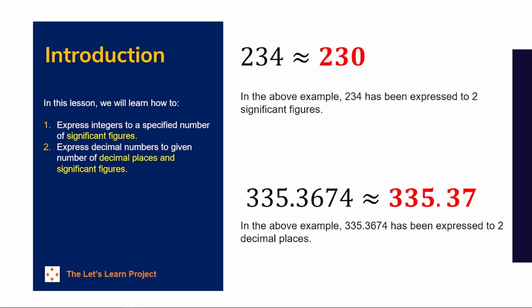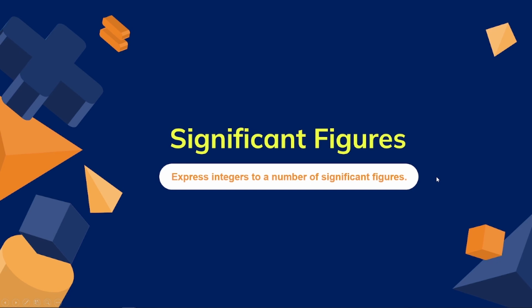That is, the 6 has been rounded off. Since the number to the right of 6 is 7, we have to add 1 to the 6 to make it 7. So that is why we have 335.37.